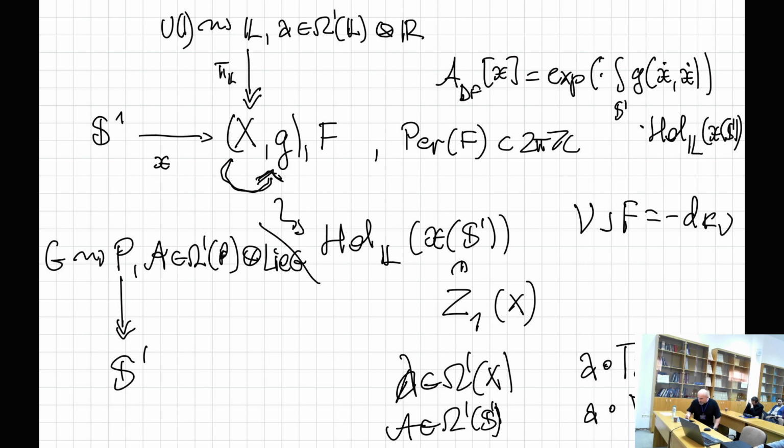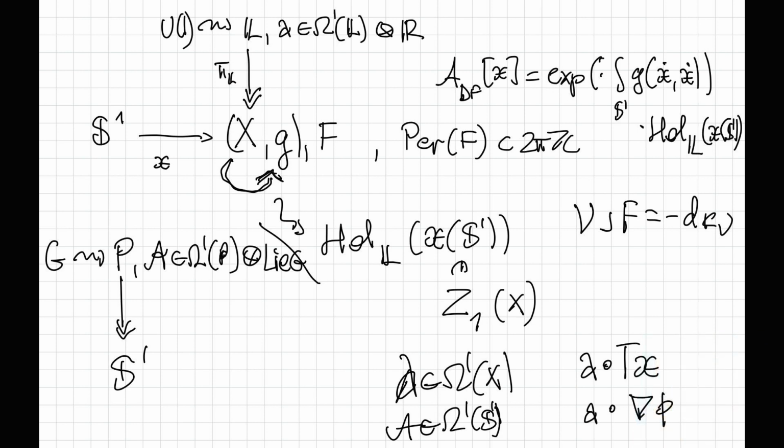Let me maybe call it A, with values in the Lie algebra of the group. And now I'm replacing this pullback of the connection 1-form for the electromagnetic bundle with the covariant derivative. And the covariant derivative is defined in terms of the connection 1-form on the gauging bundle.